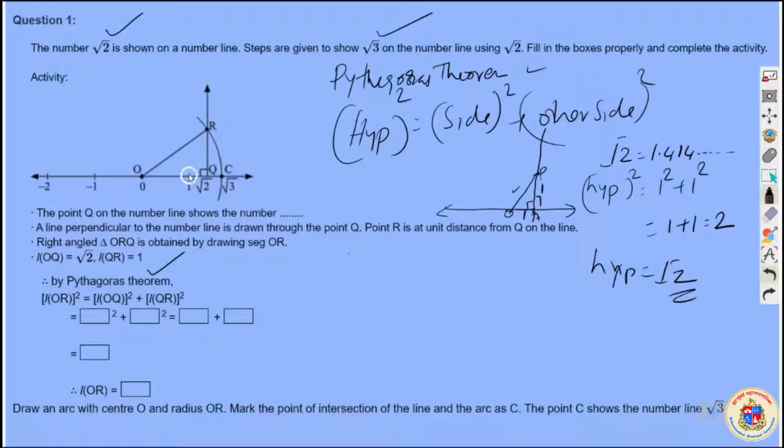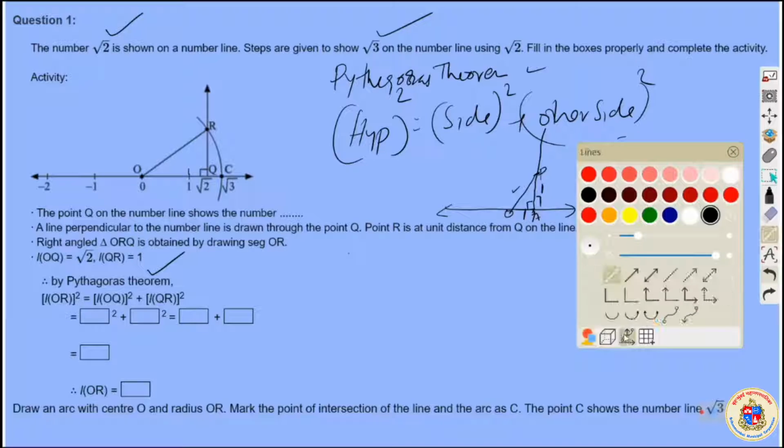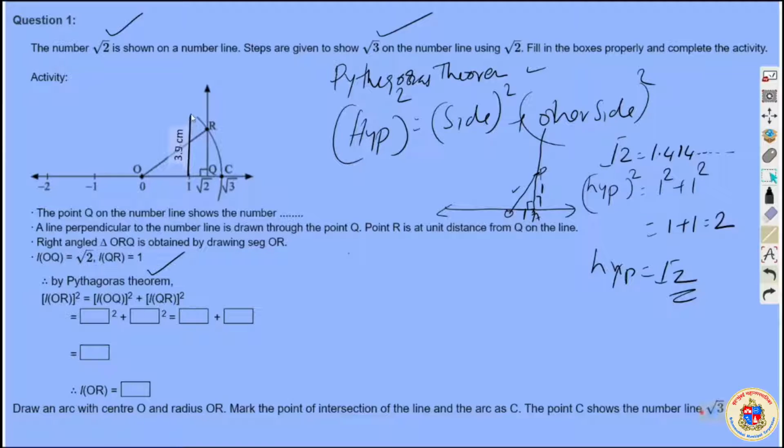If drawn from here, if perpendicular is drawn from here, and if 1 unit is this much, this will be root 2, because this is 1 unit and this is 1 unit.